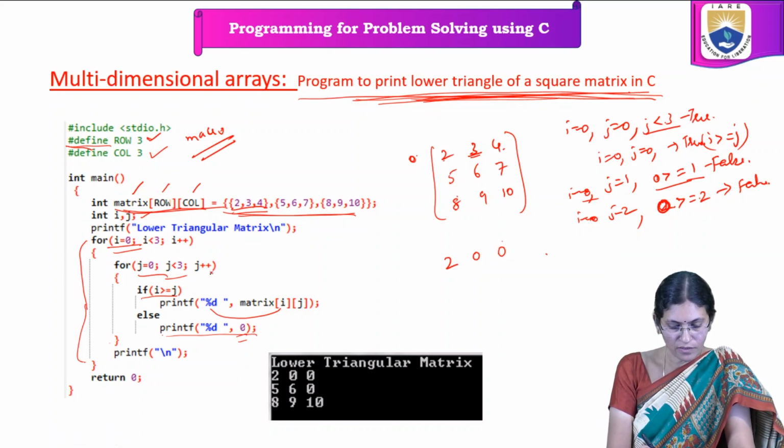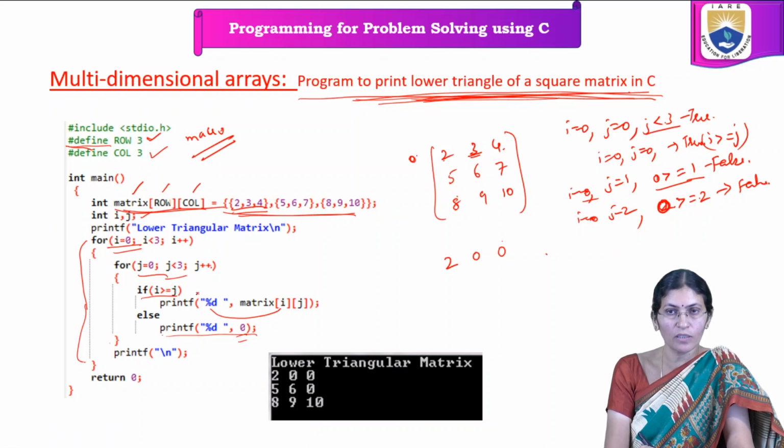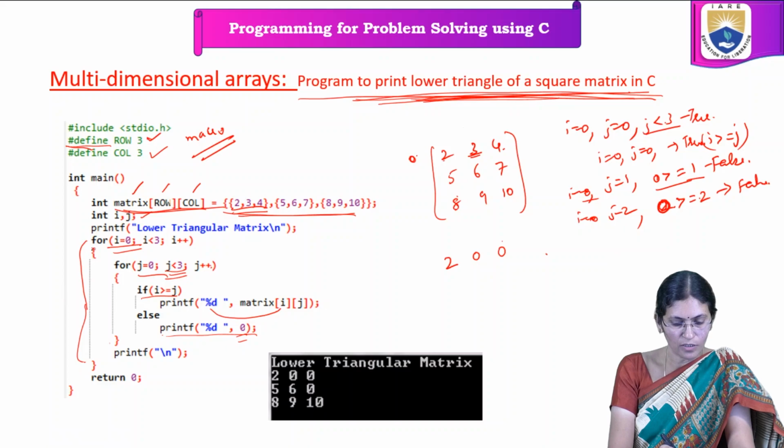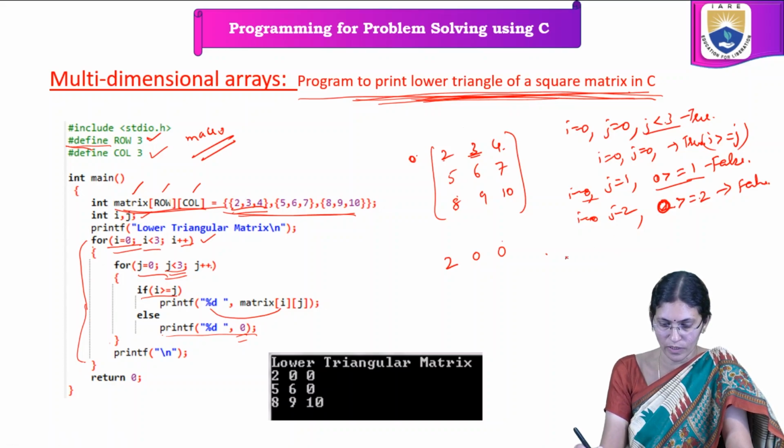After this, the j value will be incremented by 1, so j is equal to 3 now. 3 less than 3, this condition becomes false. Now it will go to the outer for loop, where the i value will be incremented by 1. So now i is equal to 1.